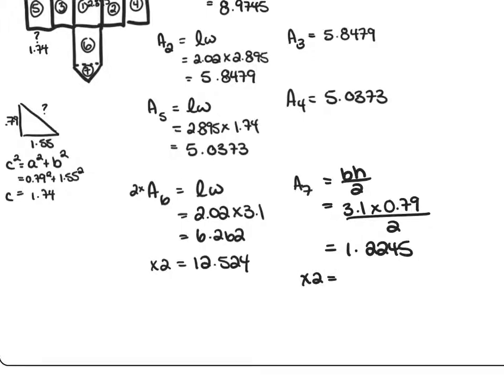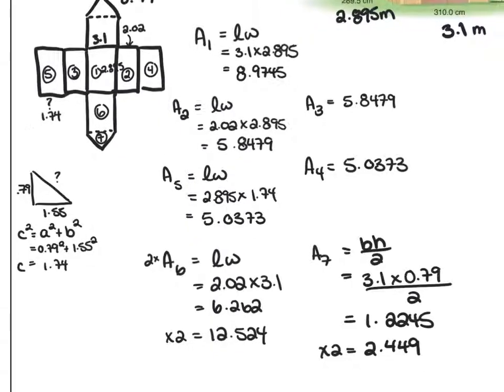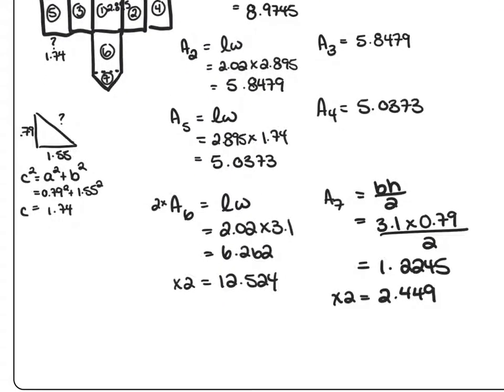So we get 2.449. Okay, so now that we have all the little pieces, we've got the bottom, the 2 sides, A2 and A3 are the 2 sides, A4 and A5 are the top, and then A6 and 7, 2 of those combined are the front and the back.